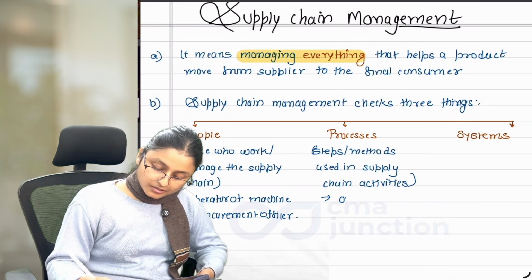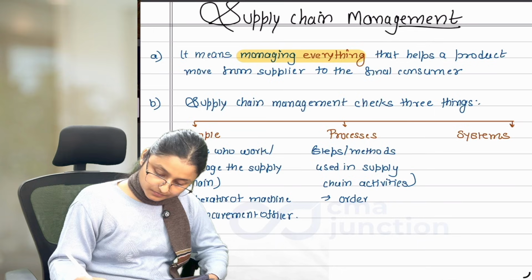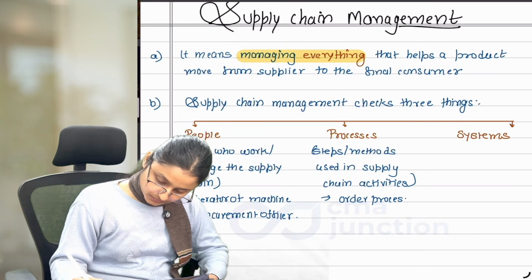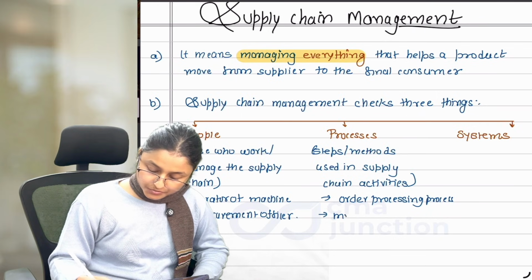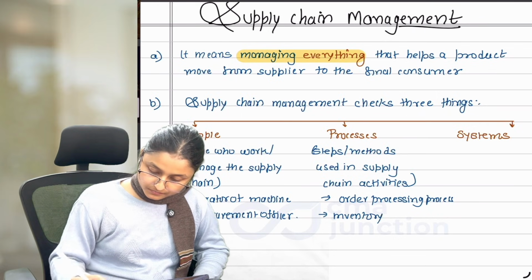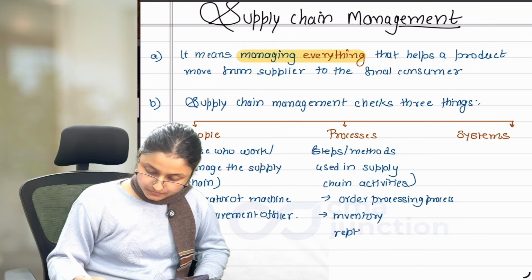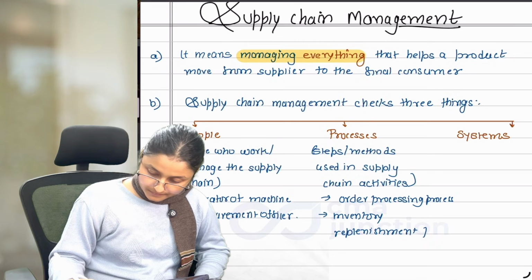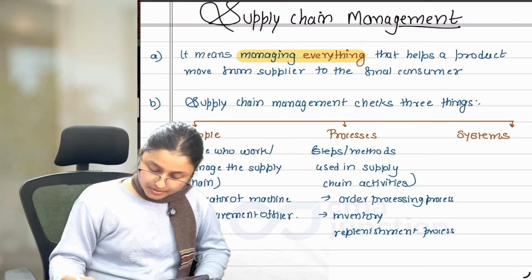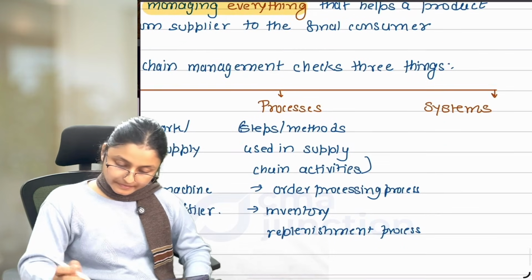Like we have seen the process of order processing, inventory replenishment process, done. Next comes systems.